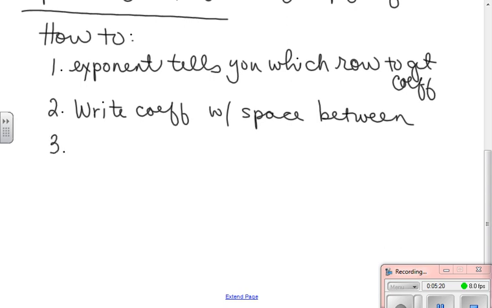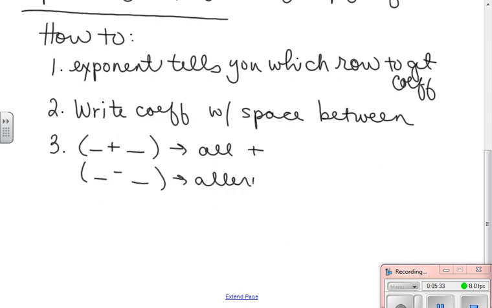Step 3, if it's positive, all positive. If it would happen to be a negative sign, it alternates plus minus, starting with positive. So then you know what signs go in.